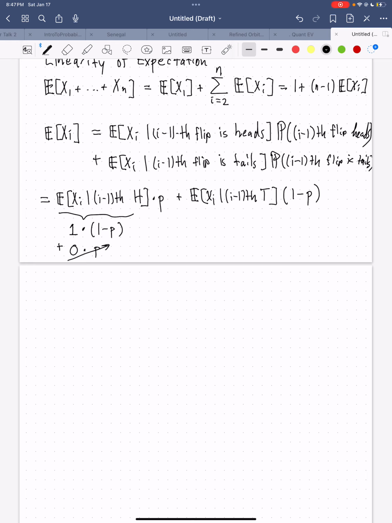And then similarly, if the i minus 1 flip is tails, we only start a new run if the ith flip is heads. So this is 1 times the probability the ith flip is heads, which is p. So together, the expectation of Xi is 1 minus p times p plus p times 1 minus p.